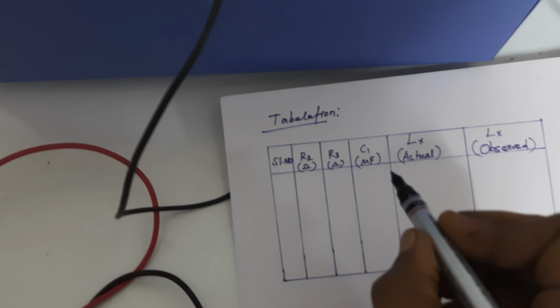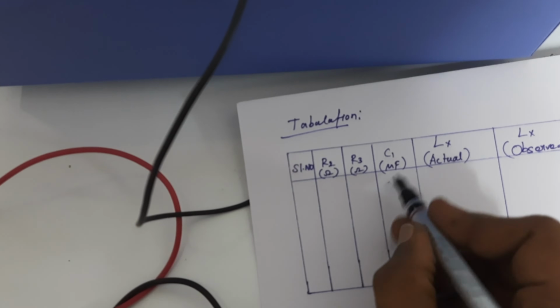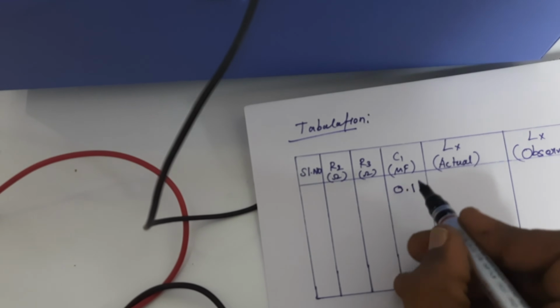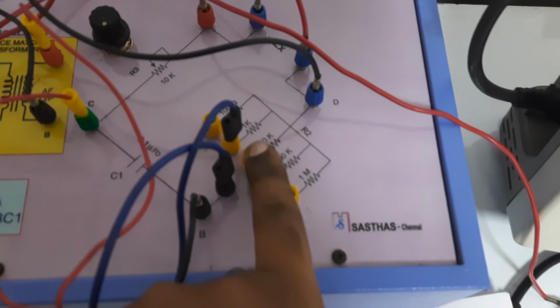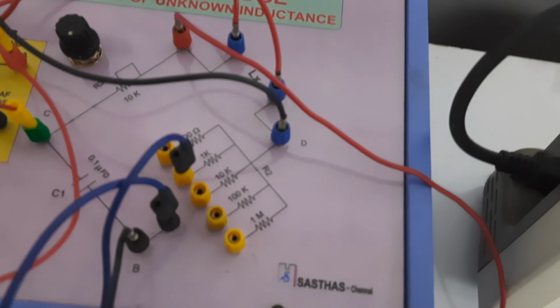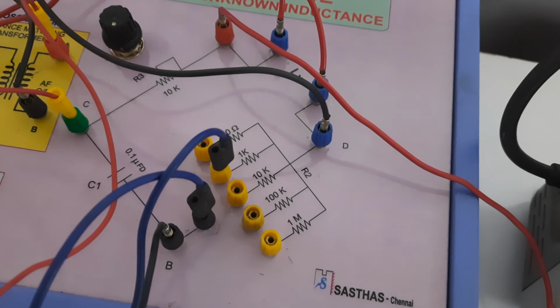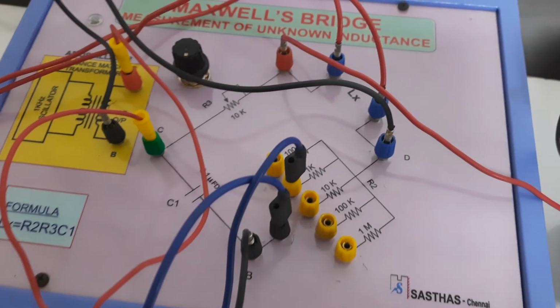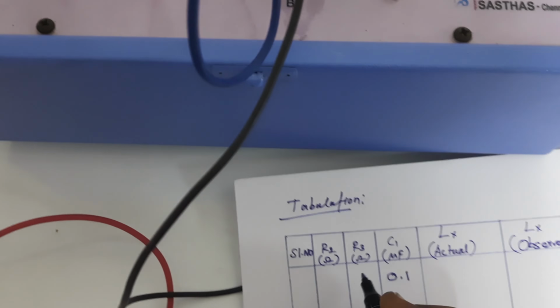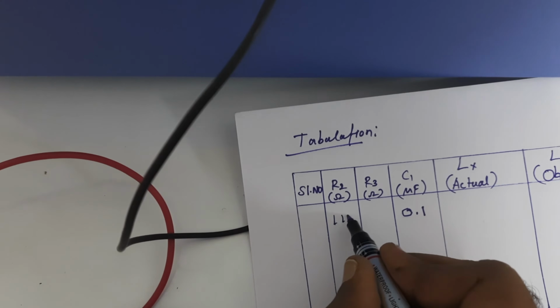So I note down 0.1 microfarad. Next, the R2 value. See here, R2 is connected at 1K. So it is taken as 1K.